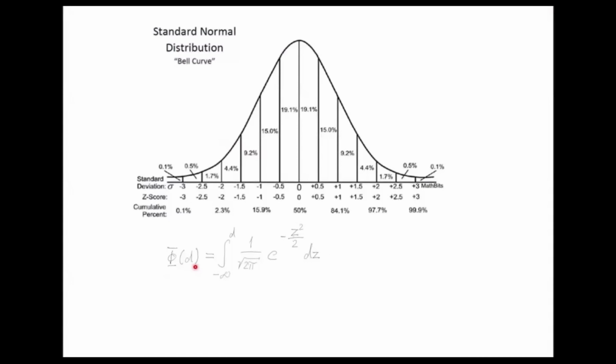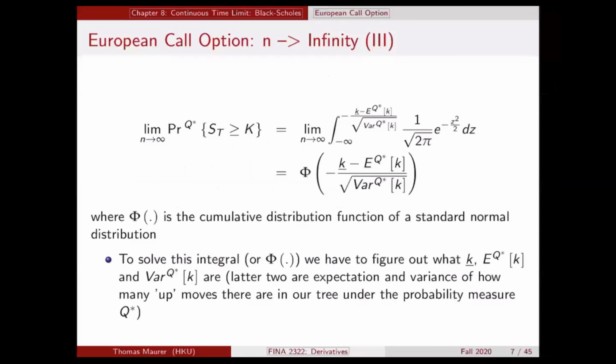Phi as the value of d is defined as summing up the density from minus infinity to d, or basically saying what's the probability of a standard normally distributed variable being smaller or equal to the value d. So in this sense over here it says what's the probability of a standard normally distributed variable being smaller than this thing here in parentheses.